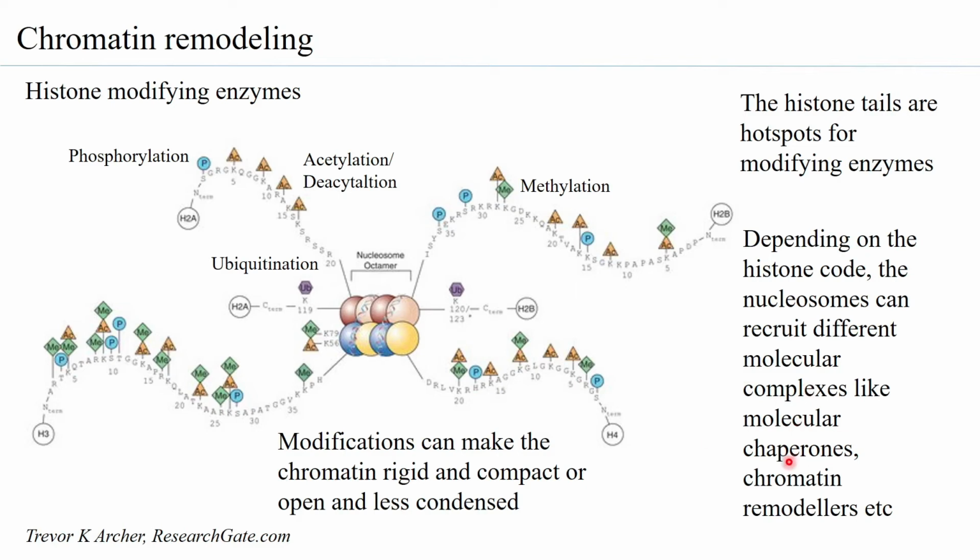So they can come and bind to the DNA through these histones, or you can have chromatin remodelers which can come and bind to the nucleosome core particles. So histone tails are basically binding sites for different molecular complexes, and the binding is dependent on what kind of histone code has been formed. And that in turn is dependent on the histone modifying enzymes.